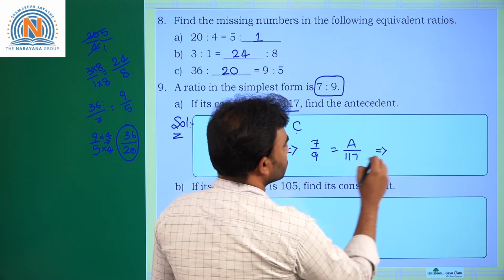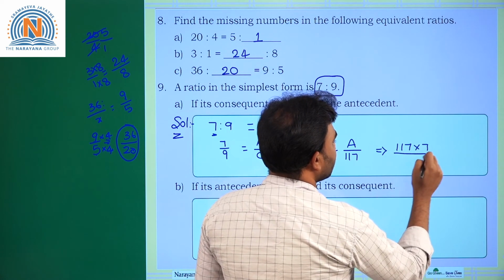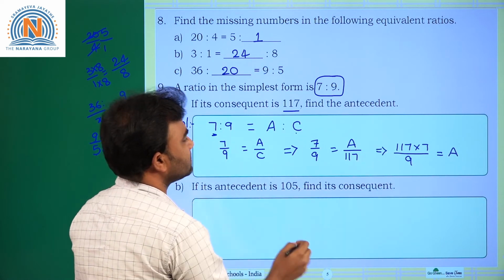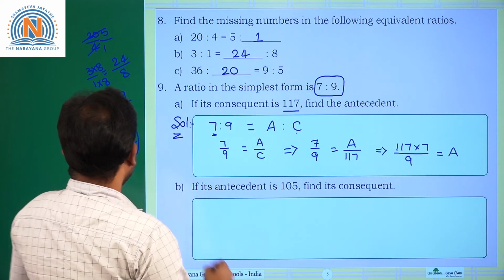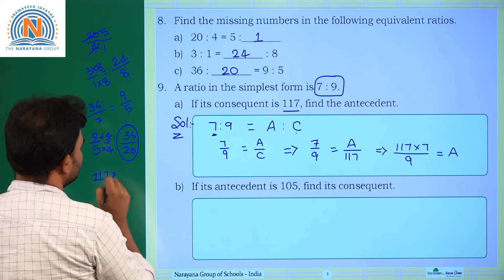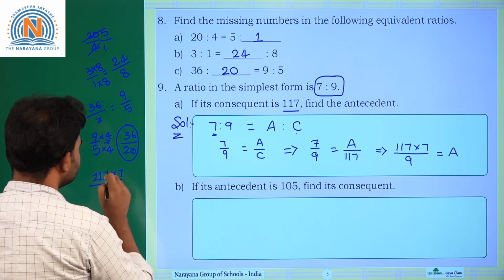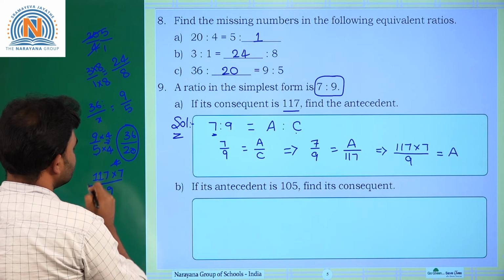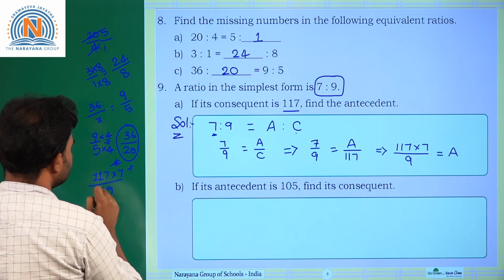Now cross multiply both. 117 into 7 by 9 is equal to A. Here A is nothing but the antecedent. Now multiply 117 into 7 and divide by 9. 117 into 7, multiply both first. 7 sevens 49, 7 ones 7, 7 plus 4 is 11, 7 ones 7, 7 plus 1 is 8.